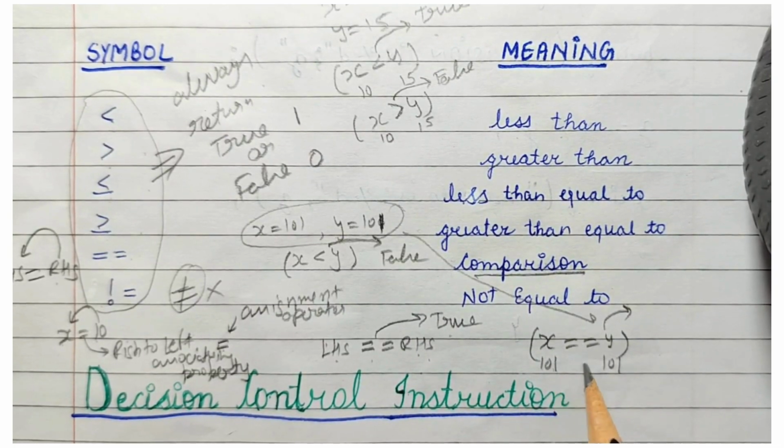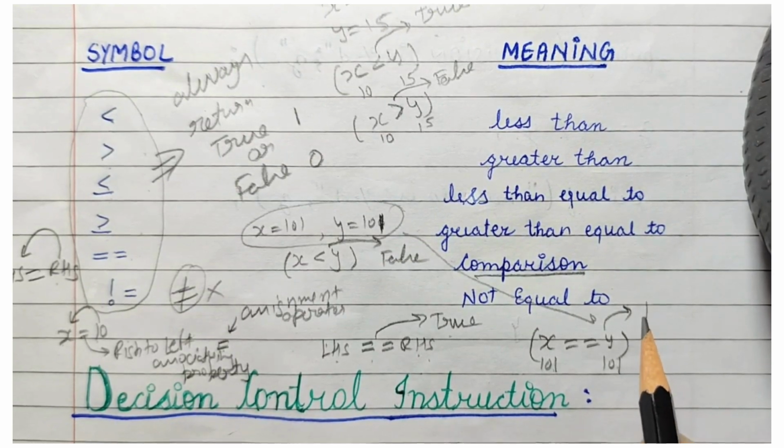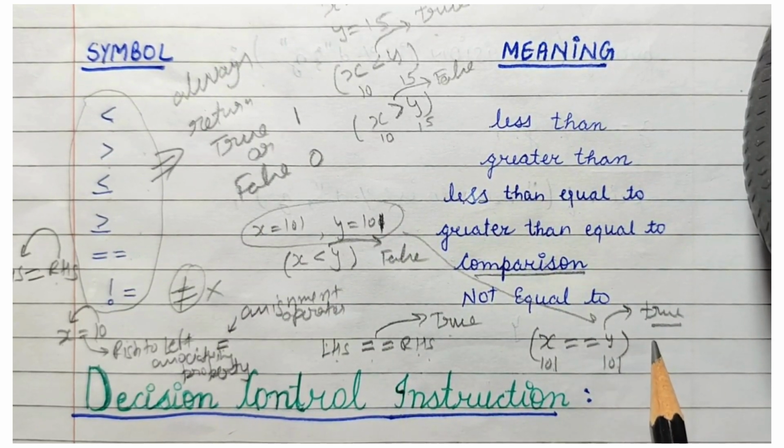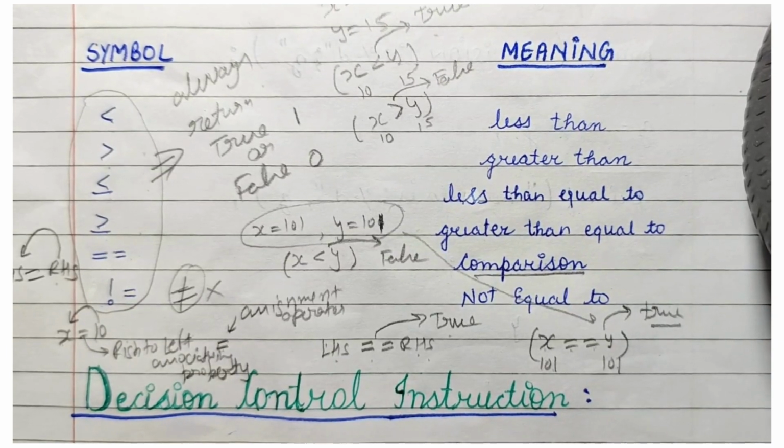So 101 is exactly equal to 101, it returns true. If the left hand side is not equal to the right hand side, then it returns false. It means this comparison operator returns true only if x and y have the same value. If x and y have different values, in that case it always returns false.